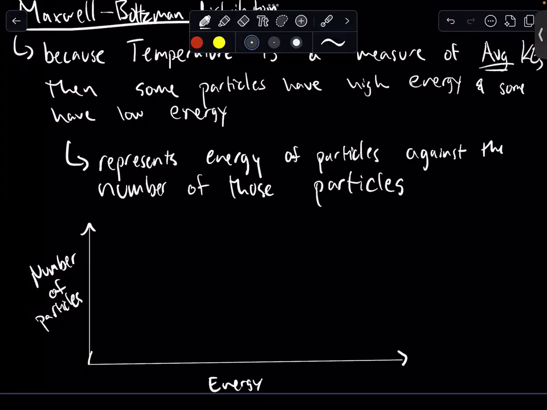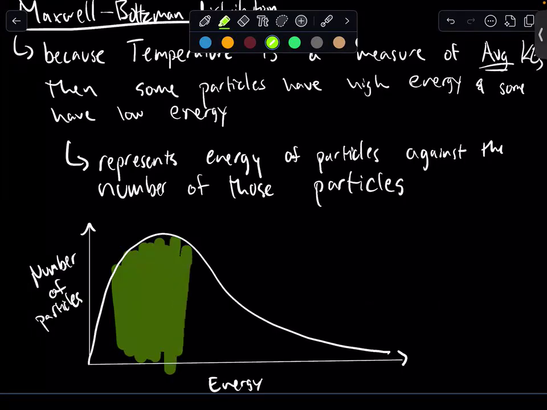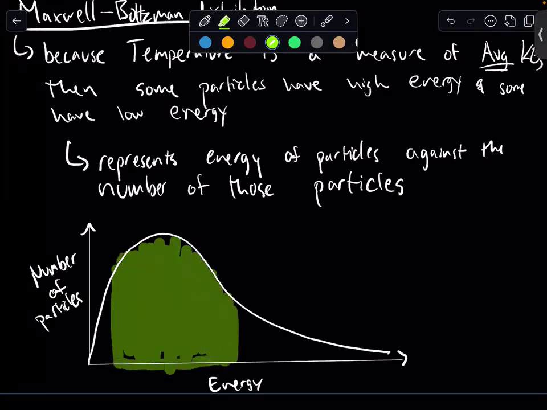And a Maxwell-Boltzmann distribution looks like this. All right, there are some super key aspects about this. What you'll notice right off the bat is that most particles reside here. So the area under the curve represents where most particles are.